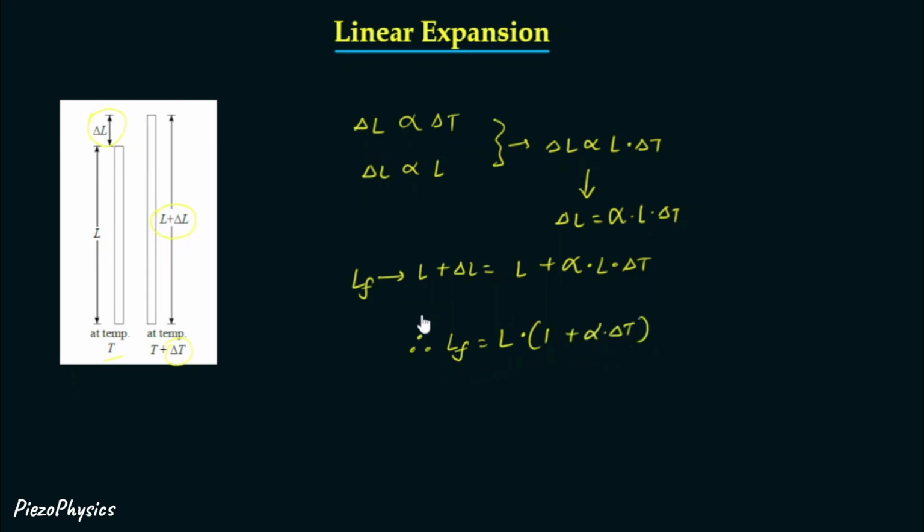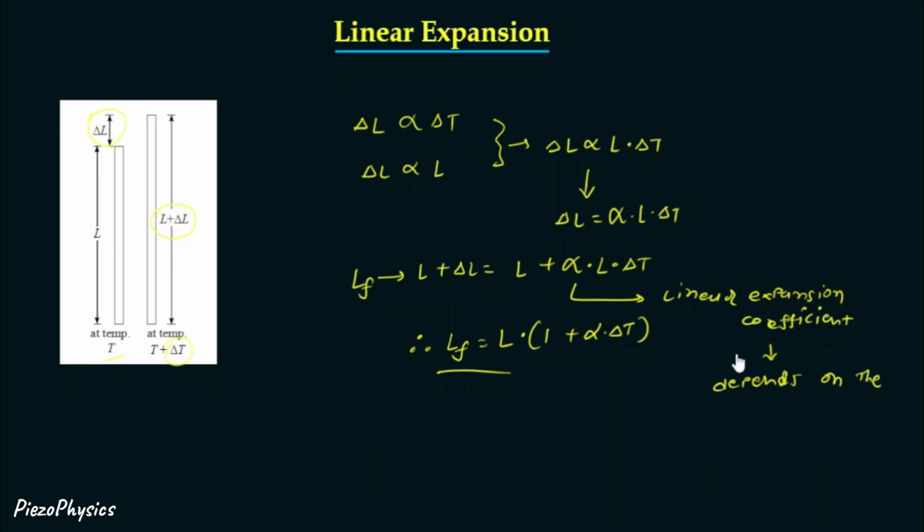So this is our new length L final, which is due to our linear expansion. Now here alpha is our linear expansion coefficient, which generally depends on the material of the body, right? So this is our linear expansion.